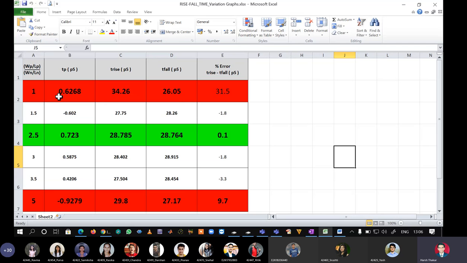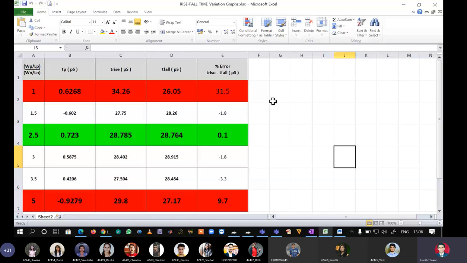Then I increased the relative size from 1 to 1.5, and I got the error as minus 1.8%. And when I took PMOS 2.5 times larger than NMOS, where larger means the lengths remain the same but the widths vary, the rise time and fall time were 28.785 versus 28.764. So I got an error of only 0.1% between rise time and fall time when I made PMOS 2.5 times wider than NMOS.